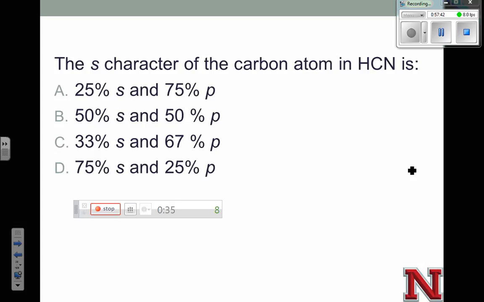Okay, so first thing is, what does HCN look like? What type of hybridization is that carbon? sp. It has a triple bond and a single bond. So it's sp. It has 2 sigma bonds.